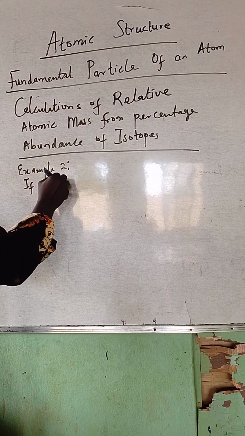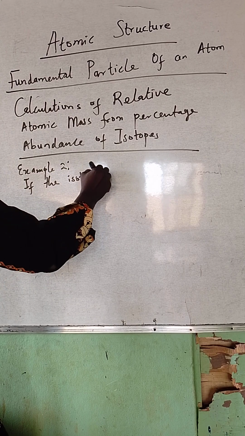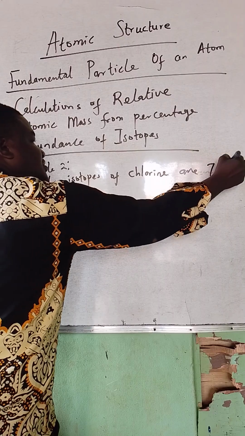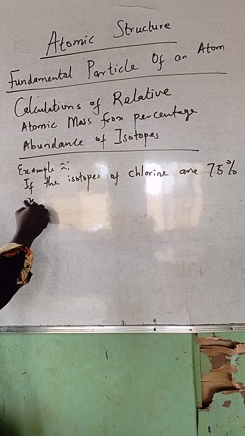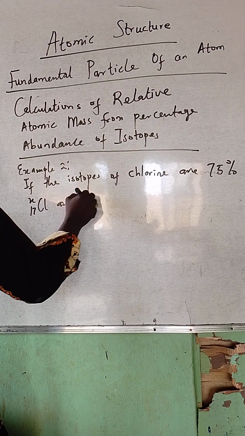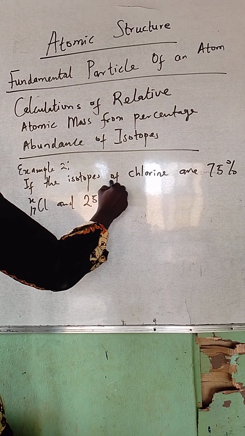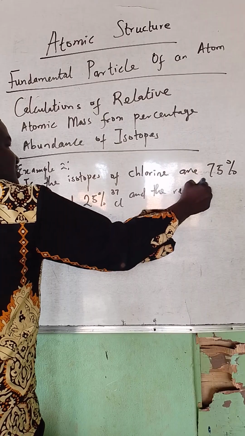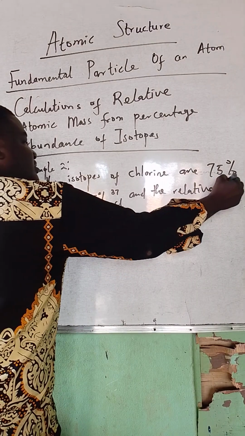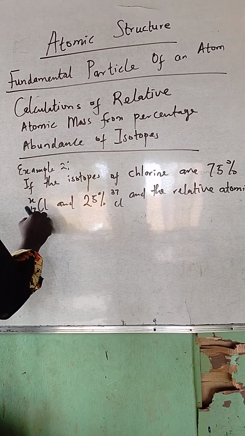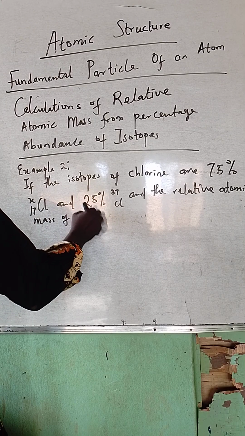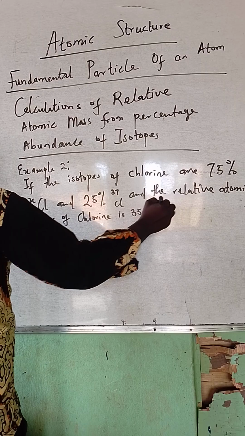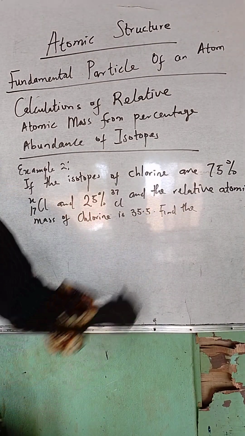If the isotopes of chlorine are 75% and 25%, and the relative atomic mass of chlorine is 35.5, find the value of S.